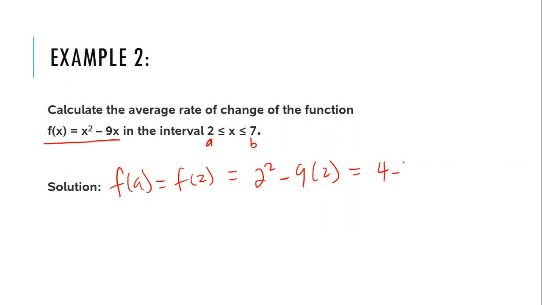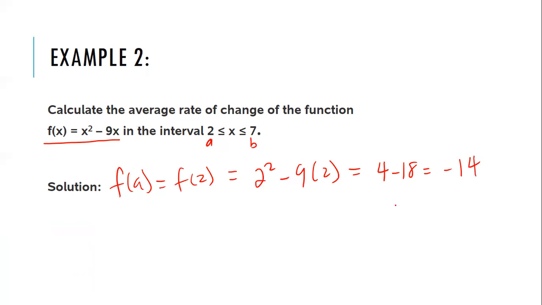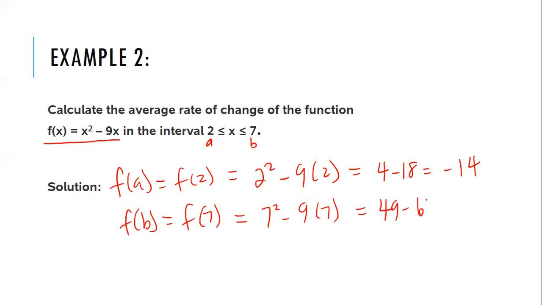That's 4 minus 18, which equals negative 14. Now f of B equals f of 7, which gives us 7 squared minus 9 times 7, which equals 49 minus 63, which gives us negative 14.